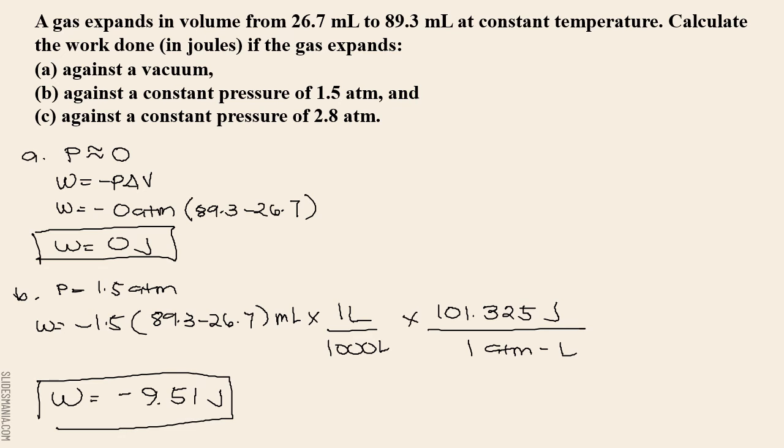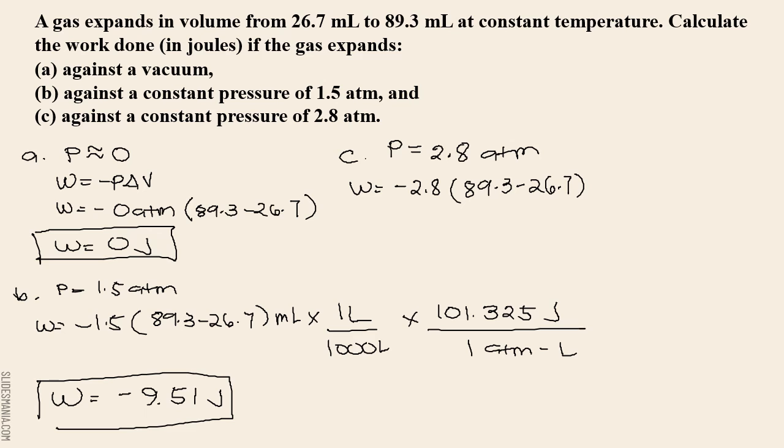And now let's calculate for your letter C. It will be the same procedure, but the value for your pressure will be 2.8 atm. So work is equal to negative 2.8 times the change in volume.